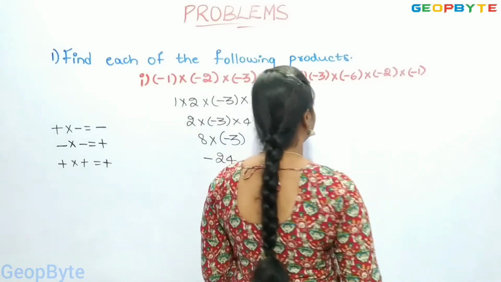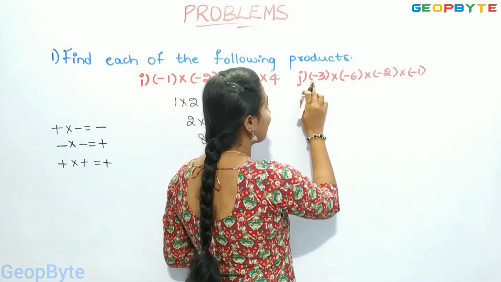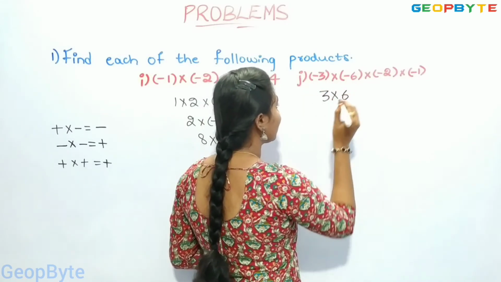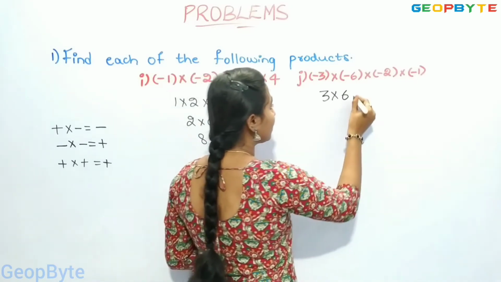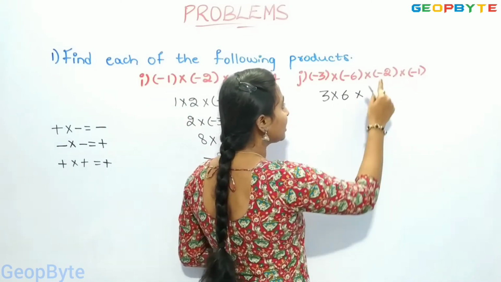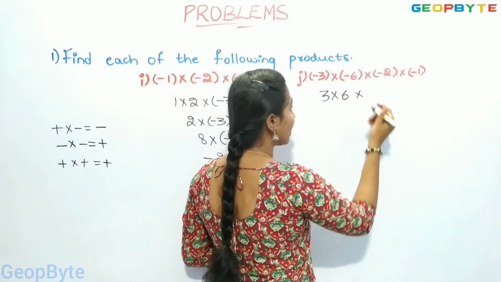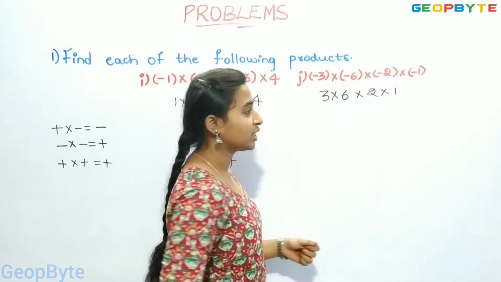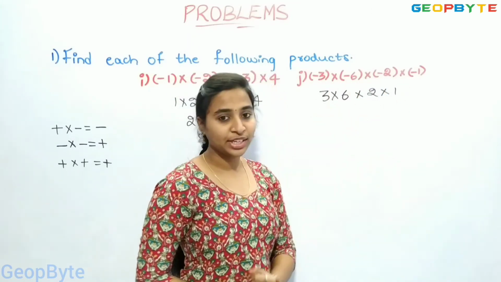Let us see. We have minus into minus plus, that is 3 into 6, into minus 2 into minus 1. That is minus into minus plus. It becomes 2 into 1. All the negative integers became positive integers.